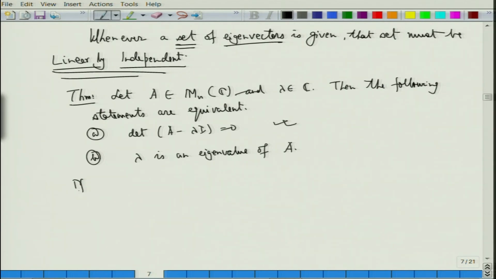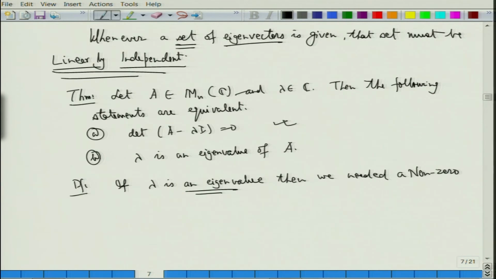So the idea of eigenvalue and eigenvector was that if lambda is an eigenvalue, then we needed a non-zero vector x belonging to Cn such that Ax is equal to lambda x. All right.